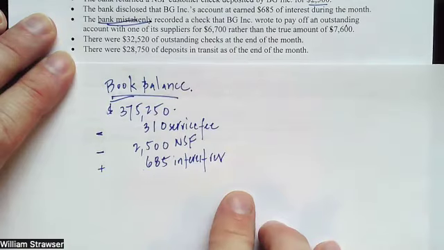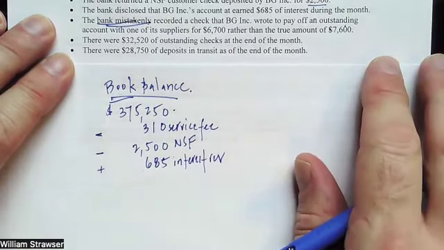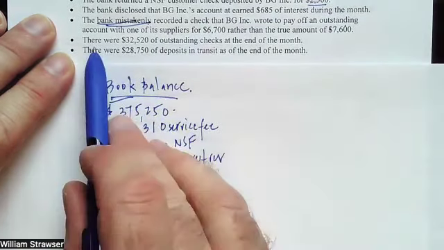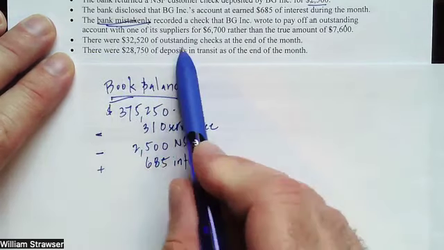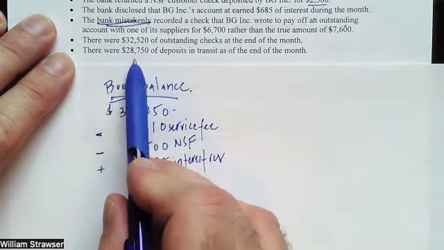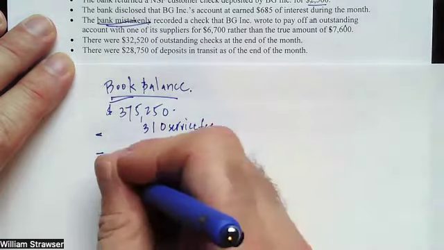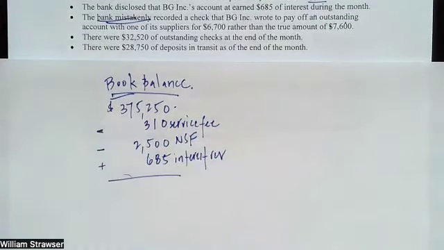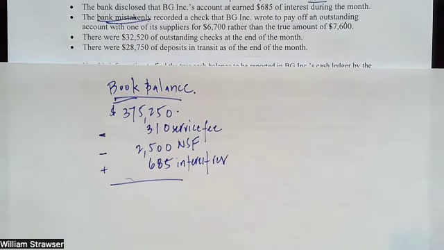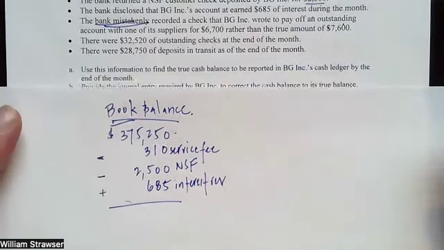But since it's not a book error, we can put that off for now. 32,520 outstanding checks, 28,750 deposits in transit. All right, so we have no other things we need to add to the book balance. It's the three common ones, and then there was no error on the book side of things, so we don't have to worry about that.